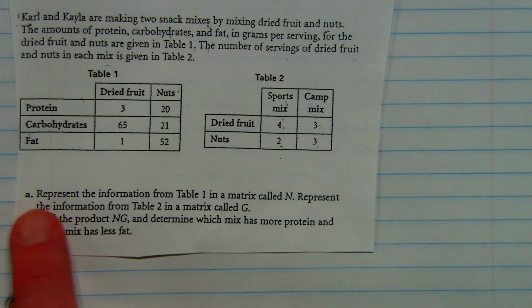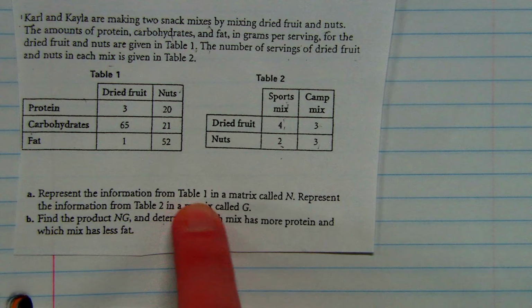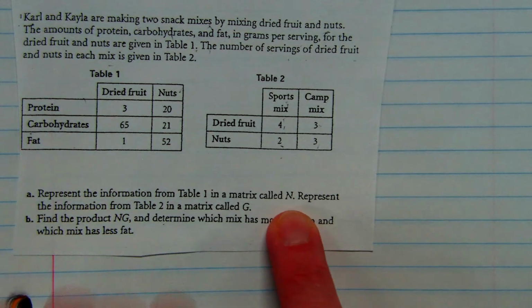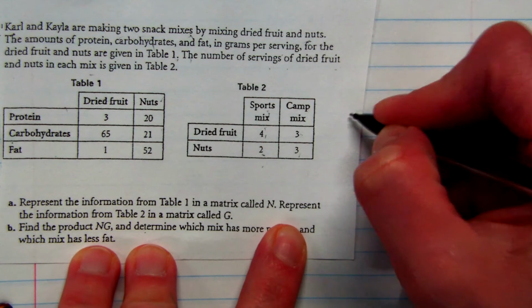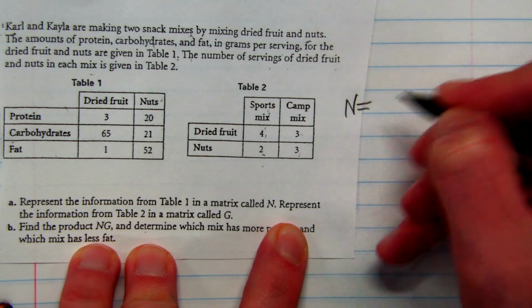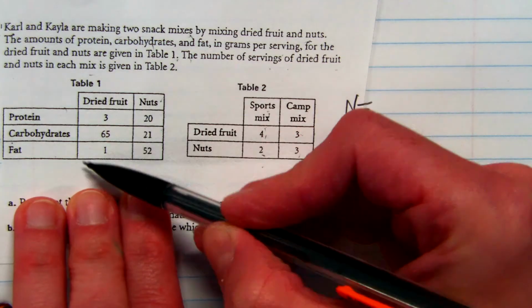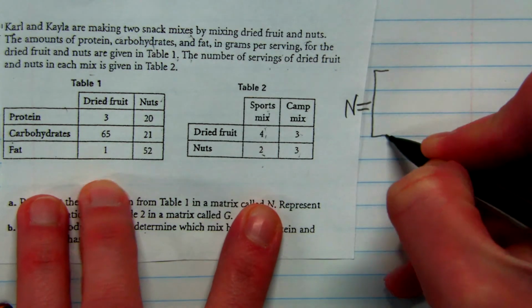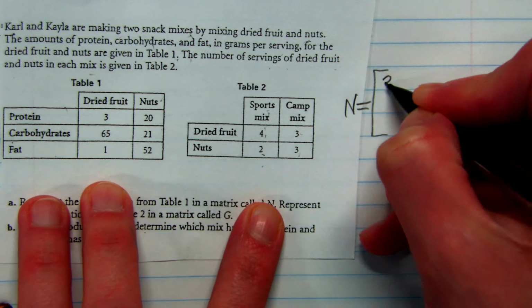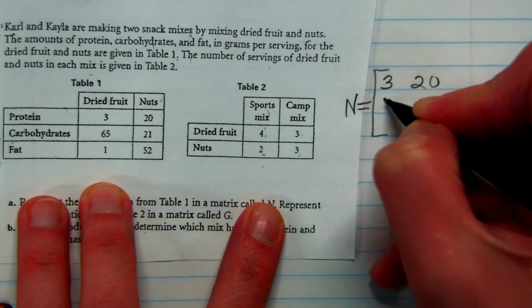Down here on A, it says represent the information from Table 1 in a matrix called N. So over here to the side, we're going to do N equals, and I'm going to keep the numbers just like they are in the table. A matrix is kind of like a table, but there's no labels, there's no lines on the inside.